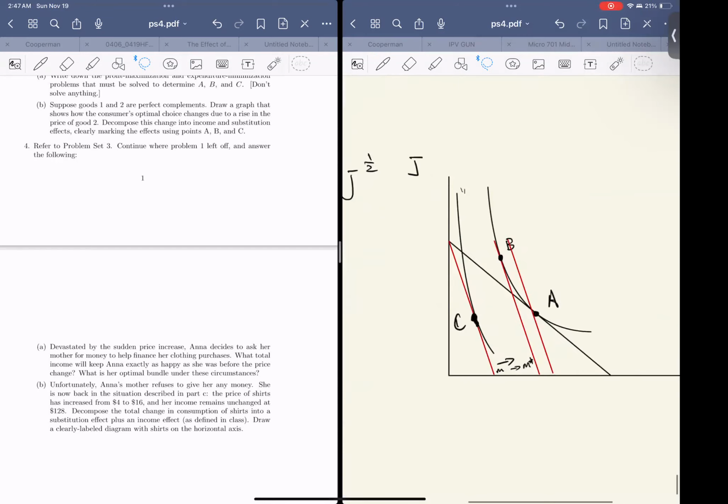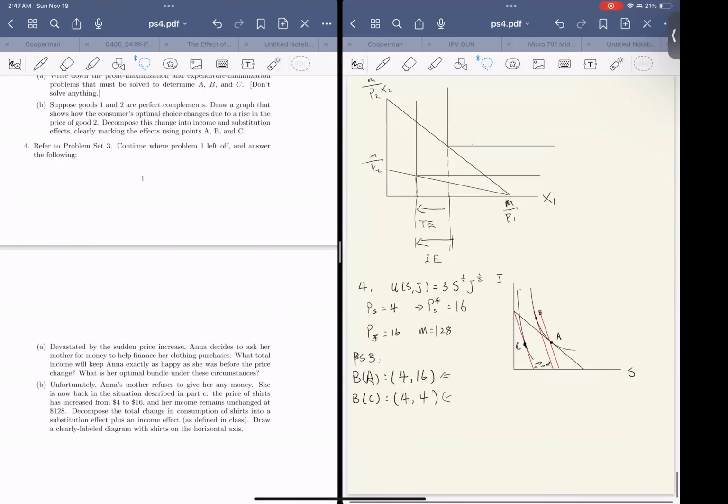If Anna's mom gave her enough money to buy 4 jeans and 16 shirts, Anna would not buy 4 jeans and 16 shirts, because the substitution effects will change her decision of buying shirts and jeans.